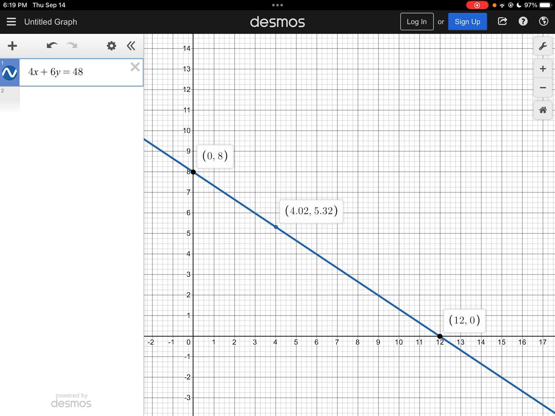And then 4 won't work, 5 won't work, 6 and 4 would work. And then we got some decimals. Here we go. 9 and 2 looks like it'll work. Plot it there. And 10 won't work. So you can see you got multiple correct answers, but that's all we have to do for that one. So you could pick your third one.